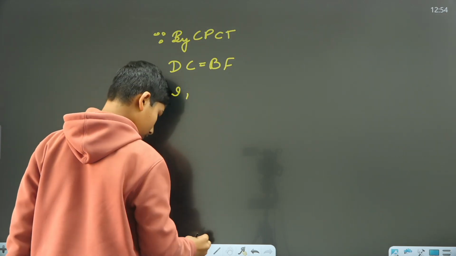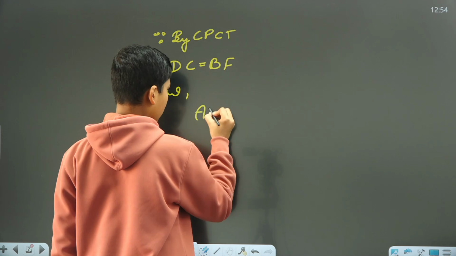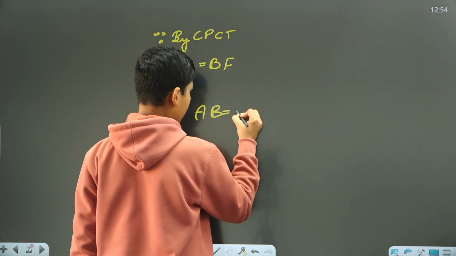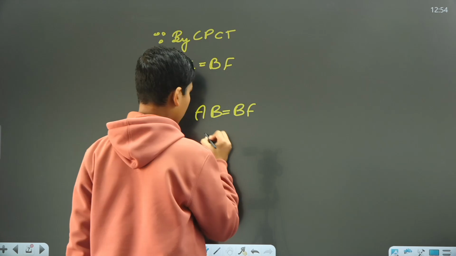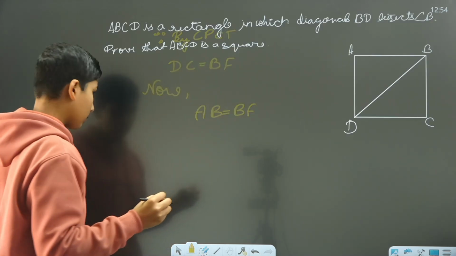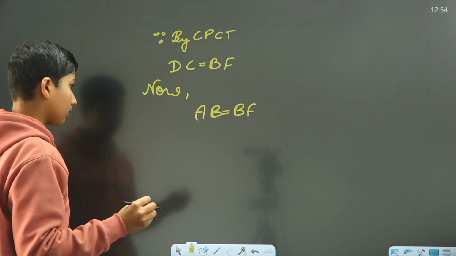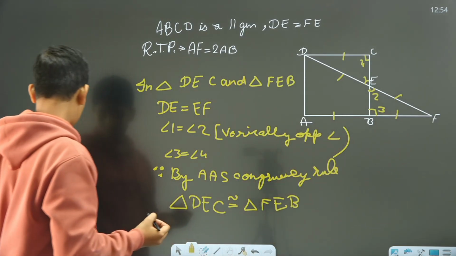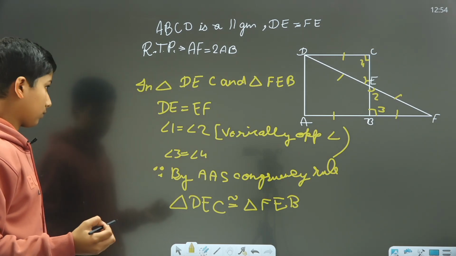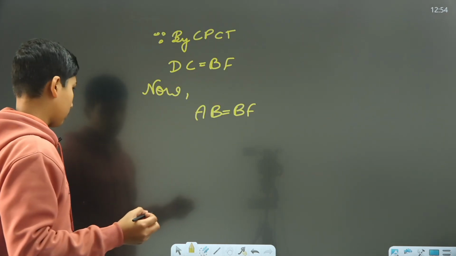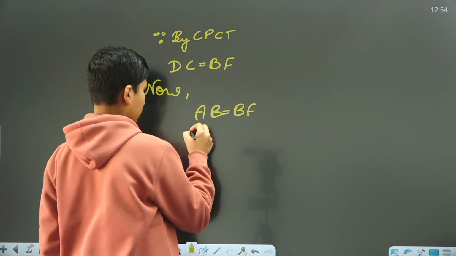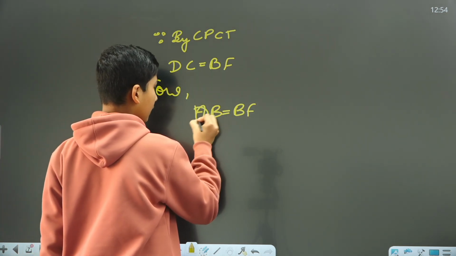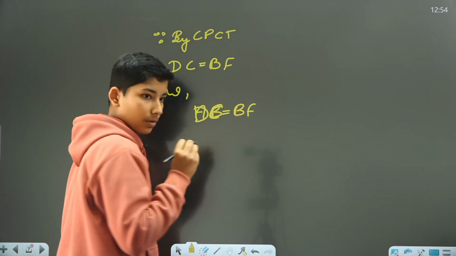AB equal to BF. Two AB equal to 2BF. DC equal to BF.